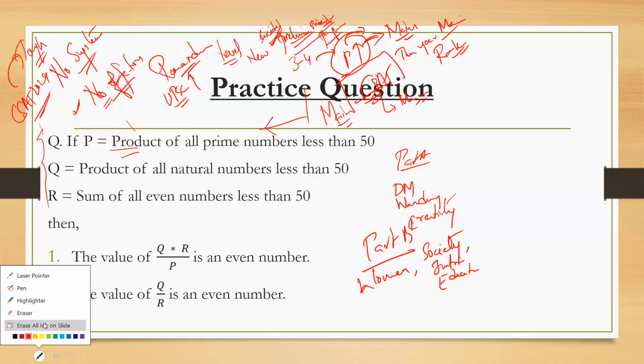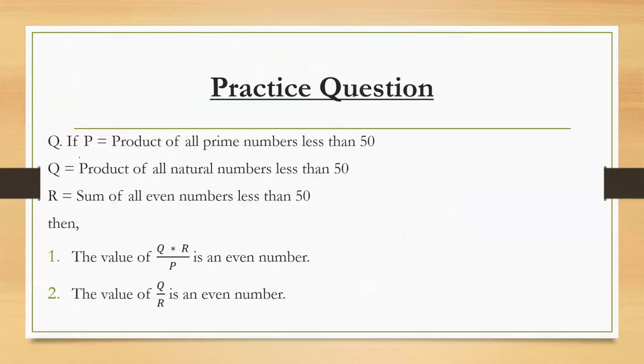ठीक है. अच्छा, coming back to this, इसको किसी ने solve किया है क्या? This is just the continuation of the same. Yeah, Shivaranjani has said 1 and 2. What about others?